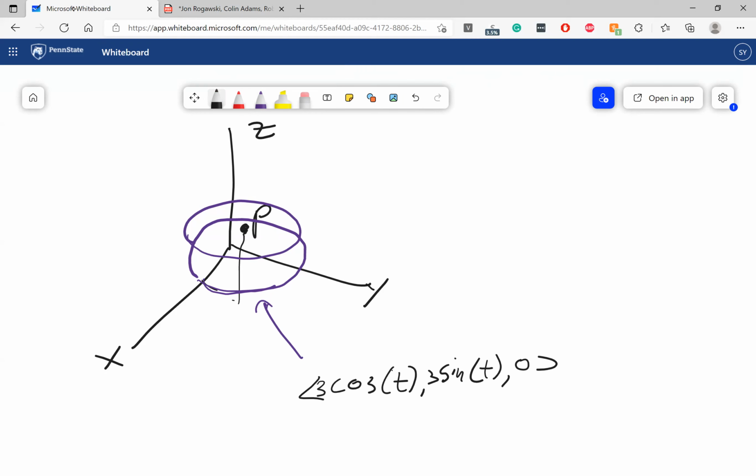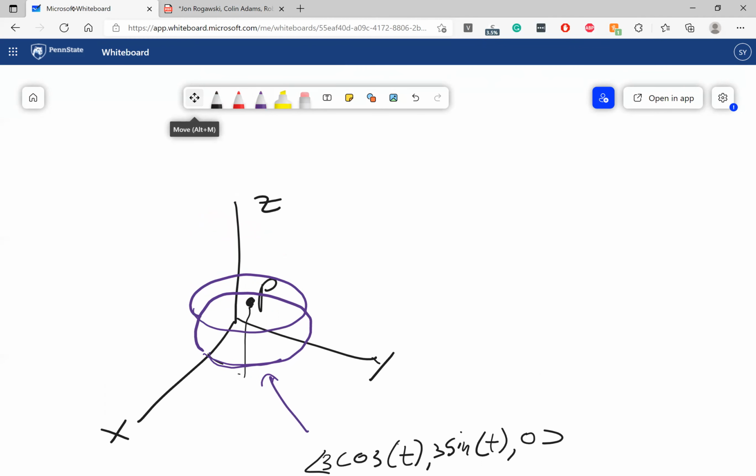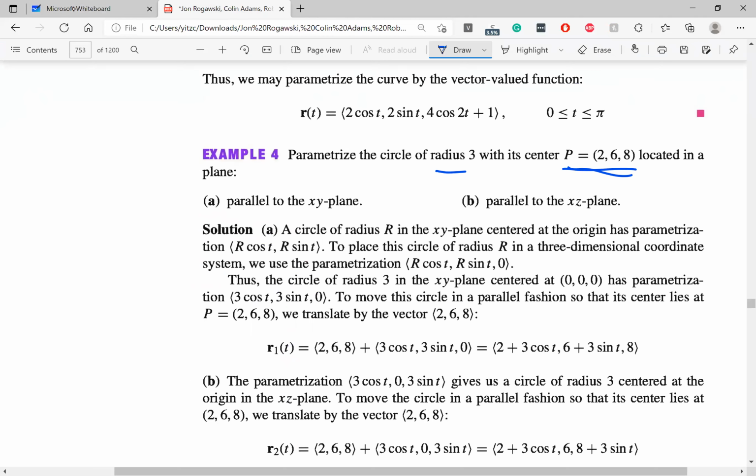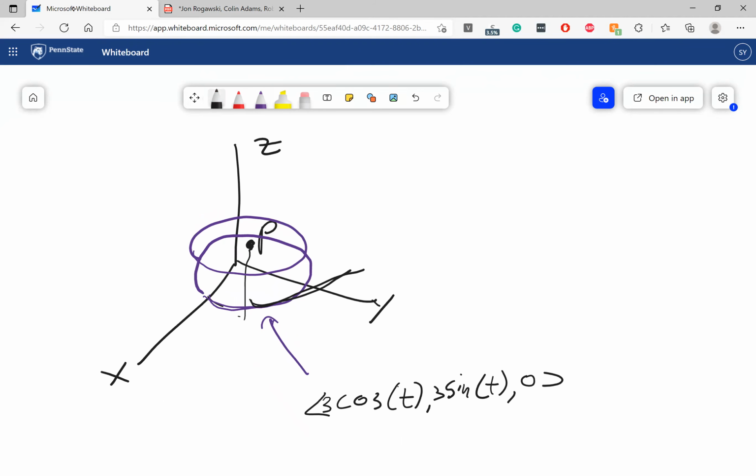But now we want it at this point P, which I did not write, which is the point 2, 6, 8. Well, we can just add it over here. So let's go plus the point 2, 6, 8.